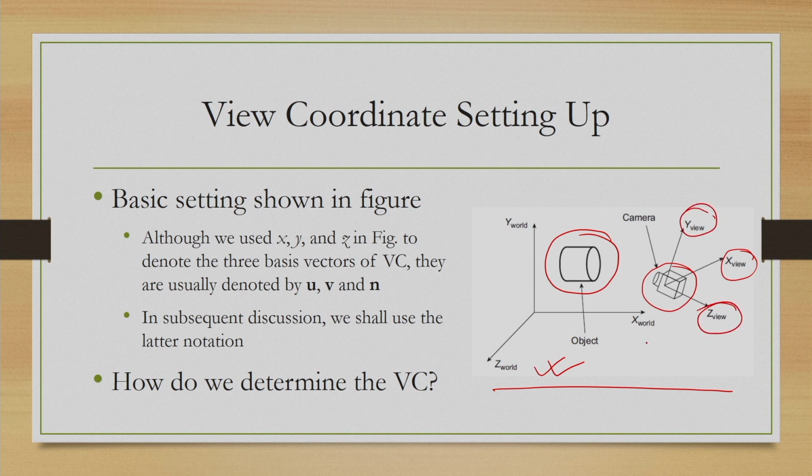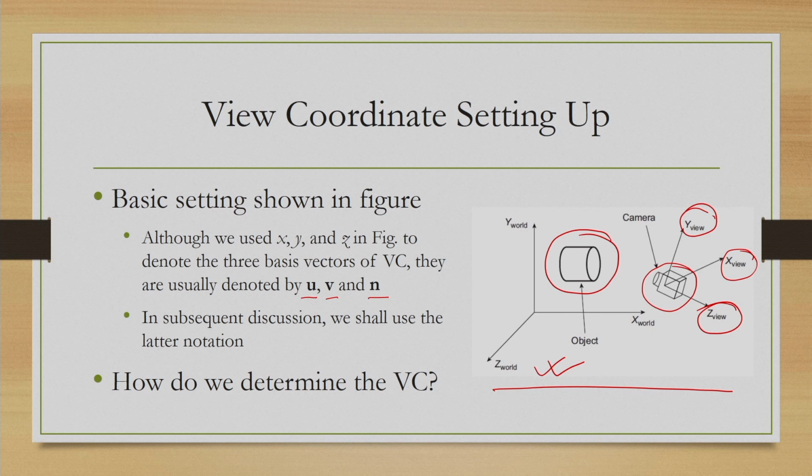Although the more common notation used in graphics is u, v and n to denote these three principal axes of the view coordinate system rather than x, y and z. So, in subsequent discussion we will refer to this view coordinate system in terms of this letter notation, that is in terms of the principal axis u, v and n.